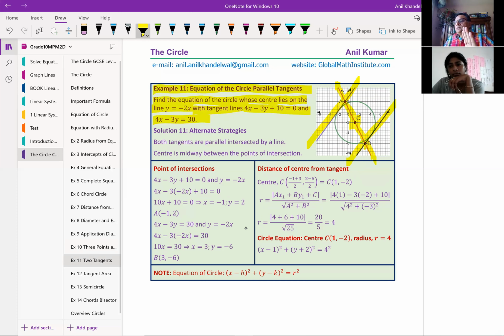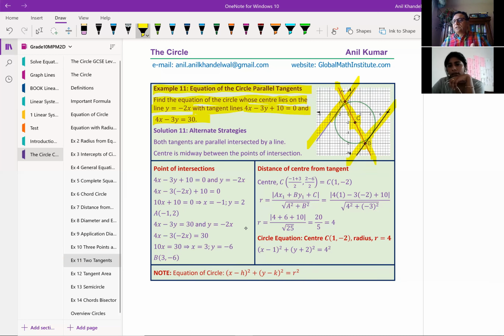That is not going to be the case. As you can clearly see, point A is further away from the circle and B is also further away, correct? They are not at the point of tangency, right? The lines which are tangent to the circle are tangent at different points, let's say P and Q, okay?